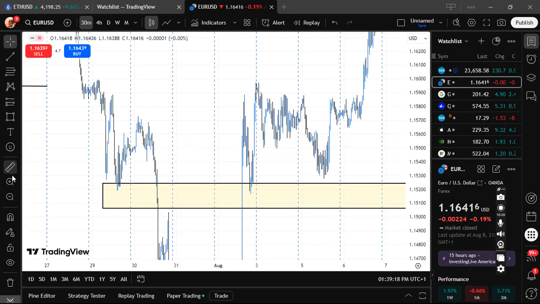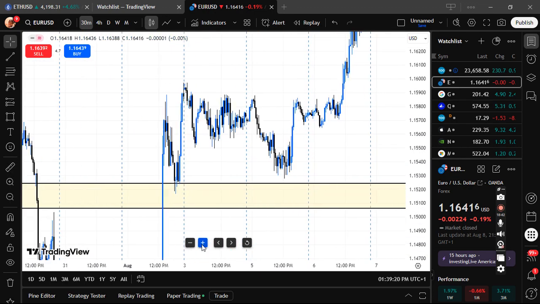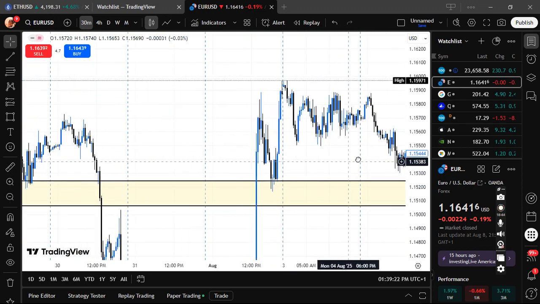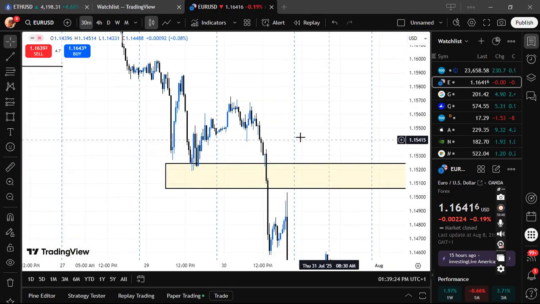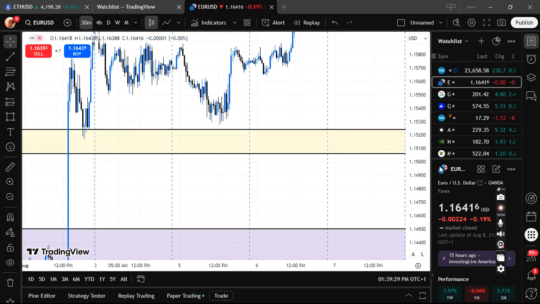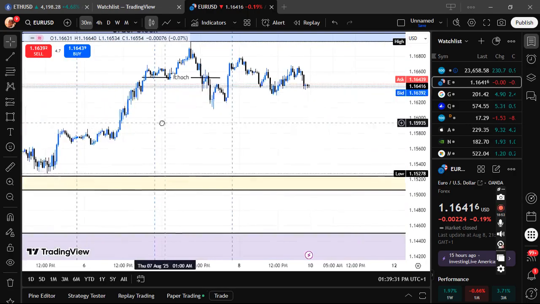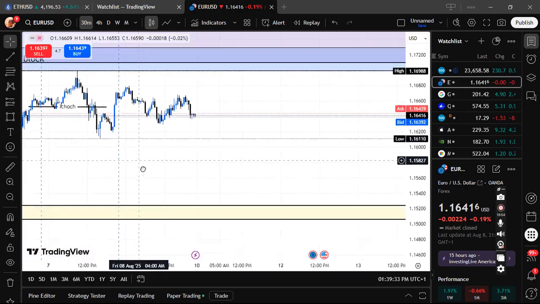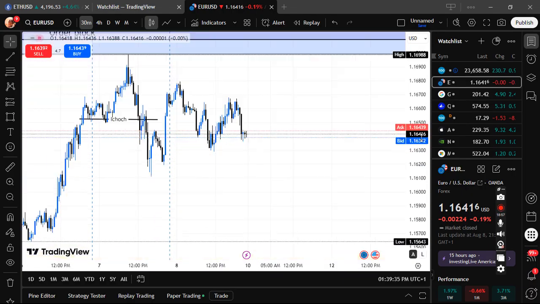The reason why I don't like refining is because I could refine so much that I would miss my entry. So I prefer leaving it like that.